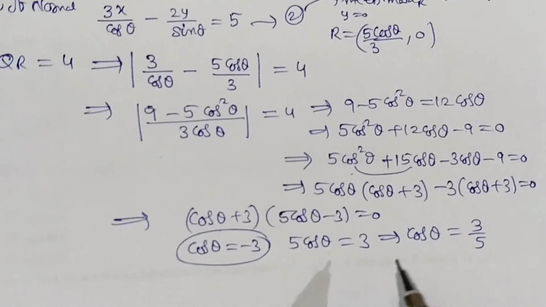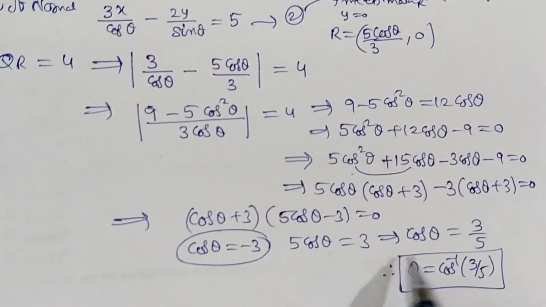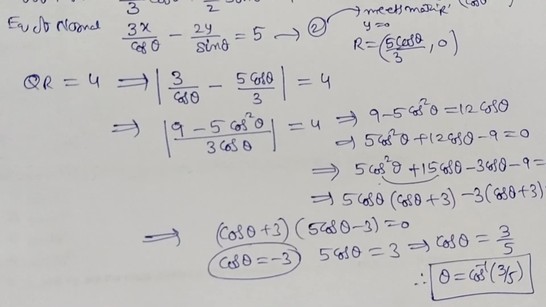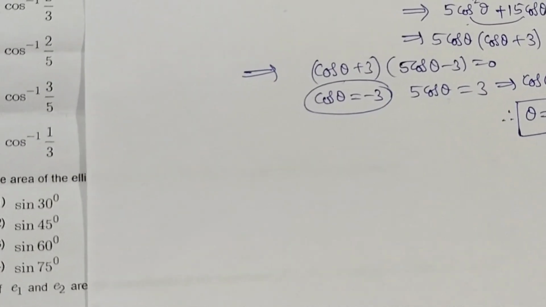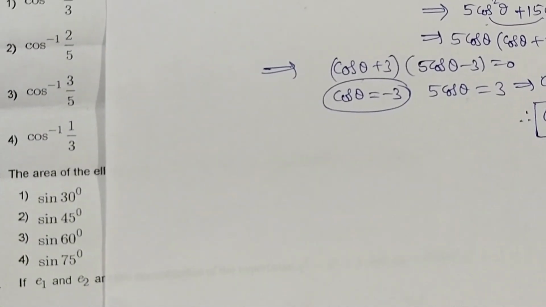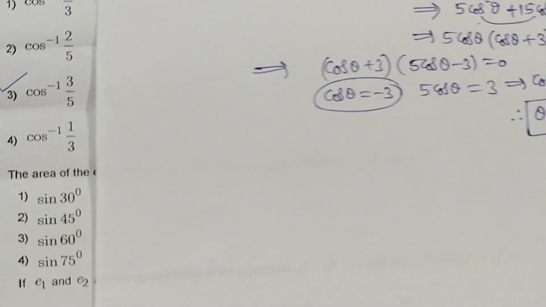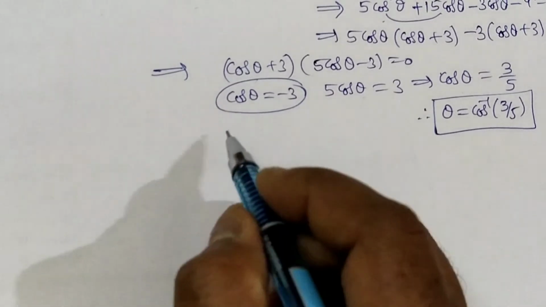So theta equal to cos inverse of 3 by 5. This is the eccentric angle, theta equal to cos inverse of 3 by 5, which is there in the third option.